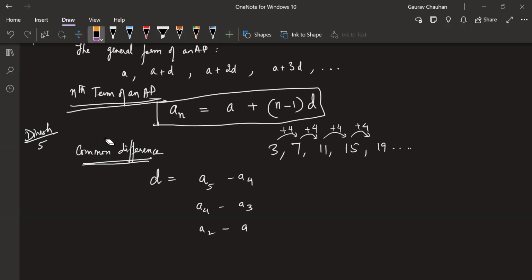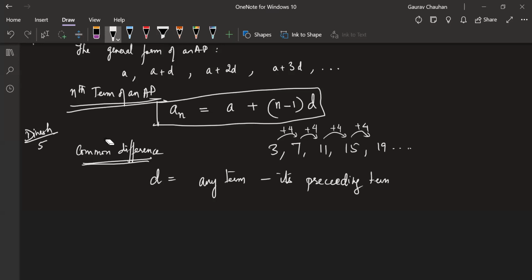Yes, sir. Any term minus its preceding term, minus the previous term, right? This is okay, Dinesh, as a formula. And to write it completely in symbols, we write A(k+1) minus what will come here, Dinesh?